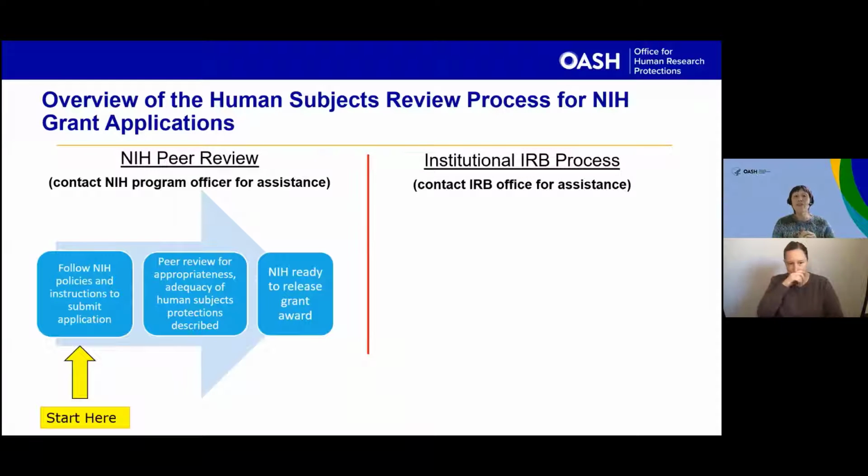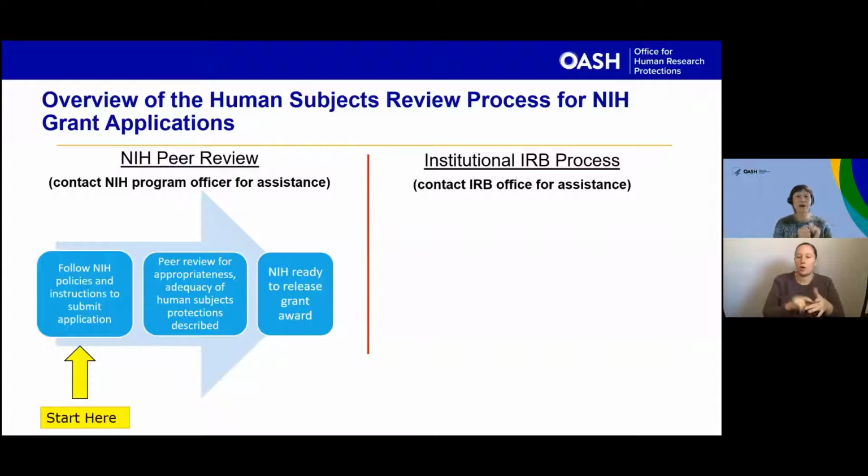Now, this provides you with an overview of the human subjects review process for the NIH grant applications, right? So there are two parts. On the left, you have the NIH peer review process in a nutshell. And on the right, you have the institutional IRB process. So on the left, you start where the yellow arrow is.